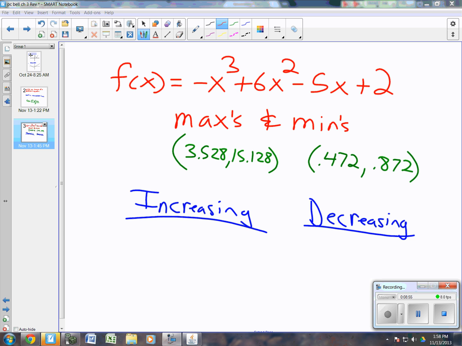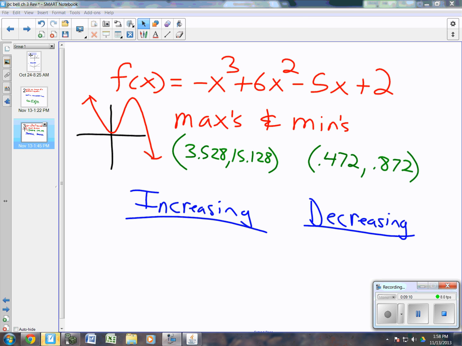Let me just show you really quickly. This function looks like this. If we drew the graph of it, isn't it coming down like this? Goes back up, and then goes back down, right? As this function, I want all eyes right here for a second. As we're moving from left to right, we're going downhill, aren't we? So it's decreasing, right?